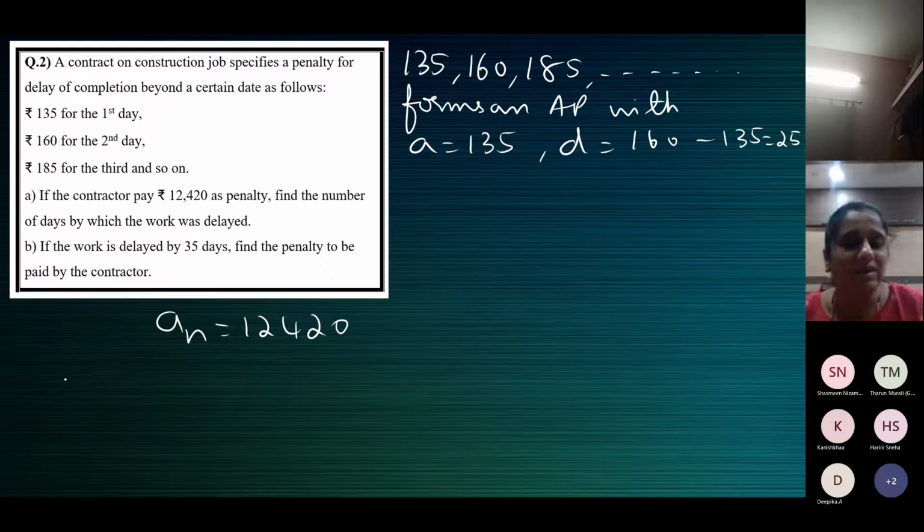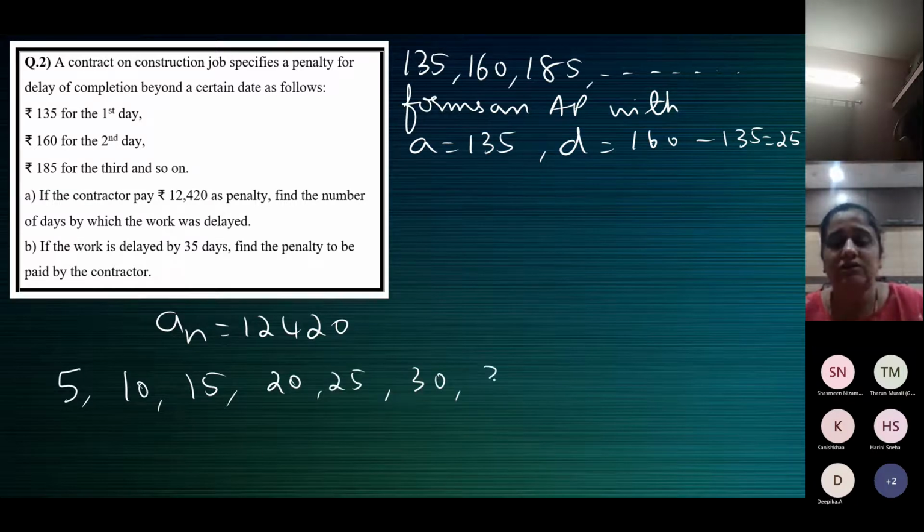Now, one minute, let me write this. Supposing these are the penalties to be paid: 5, 10, 15, 20, 25, 30, 35, 40.